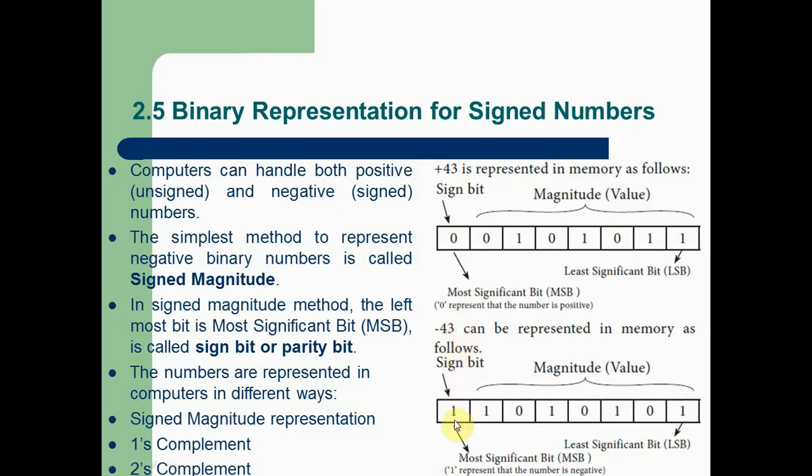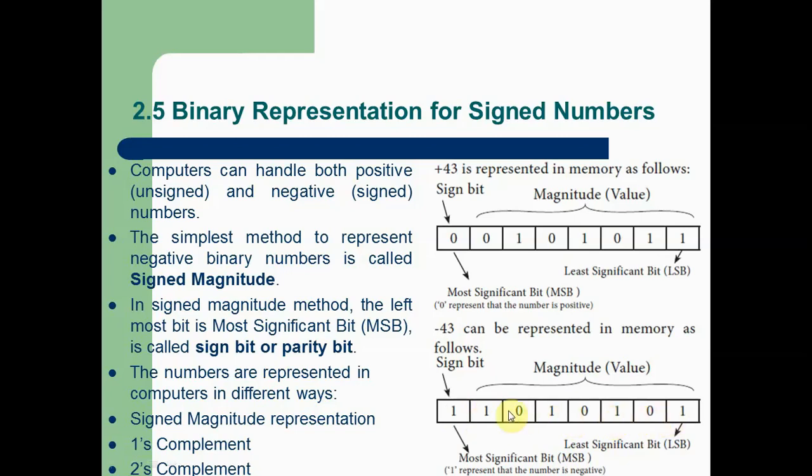So from the MSB we can identify whether the number is positive or negative, but the number should be in 8-digit binary format. In the 8-digit binary format, the MSB is the sign bit or parity bit, and the balance 7 digits are used as the magnitude value.